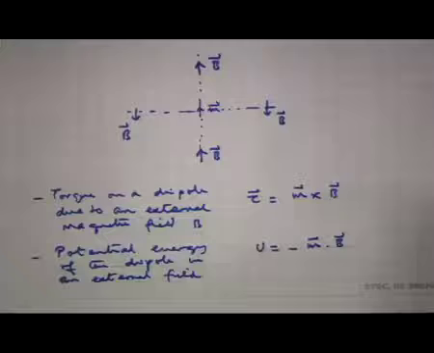When m and B are parallel, the potential energy is minimum, that is minus mB, and when m and B are anti-parallel, the potential energy is maximum, and that is plus mB.